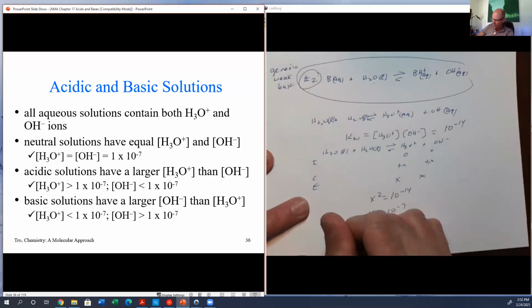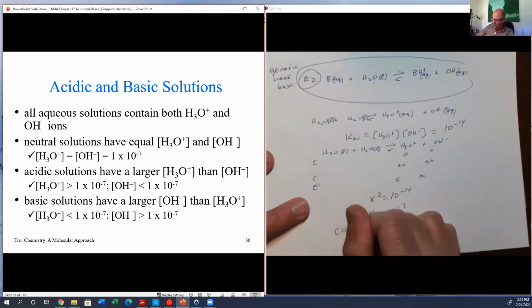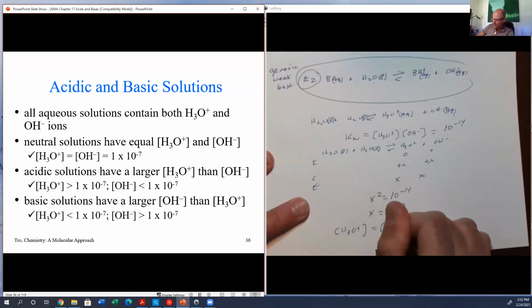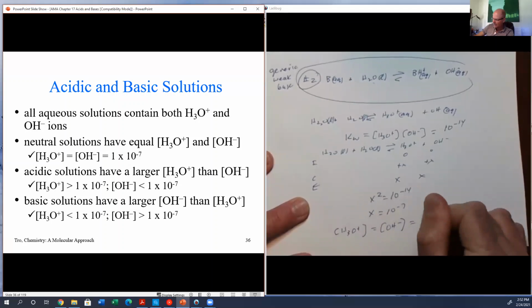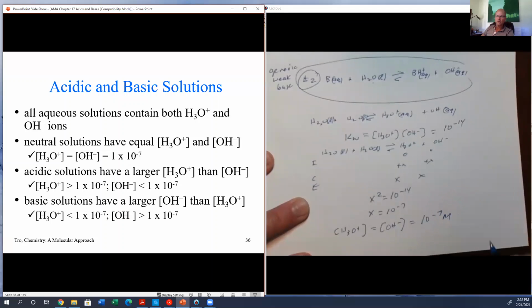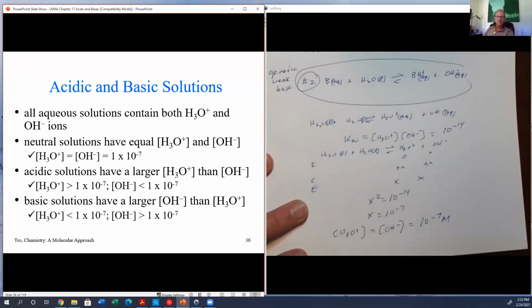So in pure water, the concentration of H3O+ equals the concentration of OH-, which equals 10 to the minus 7 molar. Very, very dilute. Again, only a very small fraction of the water molecules are going to do that.